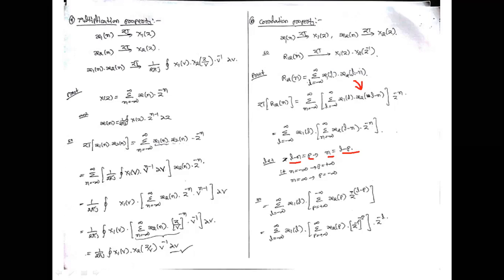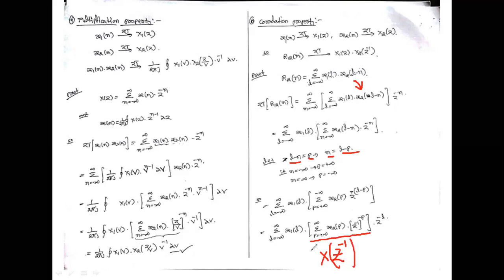So take this as z power minus 1 whole power minus p. Observe, this is one of the definitions of the Z transformation with the signal x2, and instead of z, there is a z inverse. Write this as x2 of z inverse here.